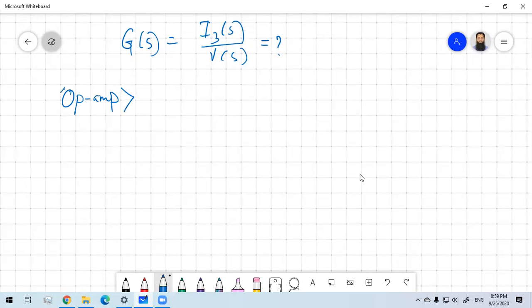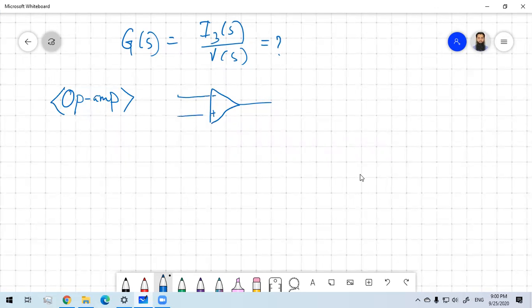What are the properties of op-amps? I think you have learned this in electronics too in the third semester. We are not going into the detail of any one of the components; rather, we will just exploit their characteristics.